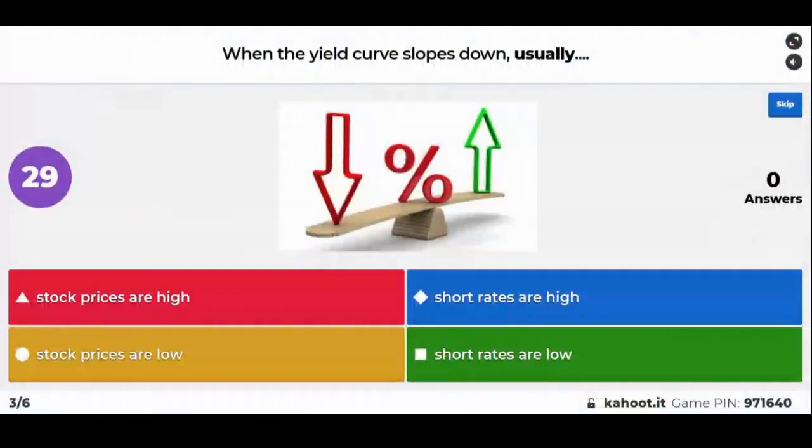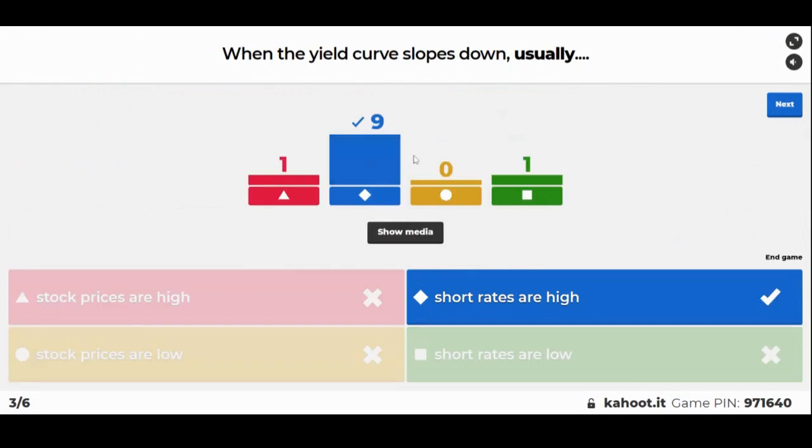Next. When the yield curve slopes down, usually what? Short-term rates are high, stock prices are high, stock prices are low, short rates are low. Which one is it? Very good.